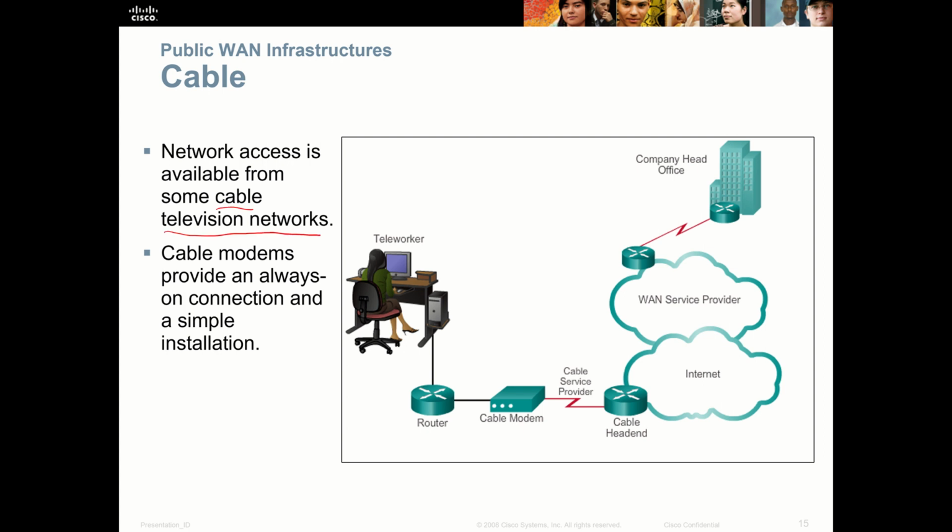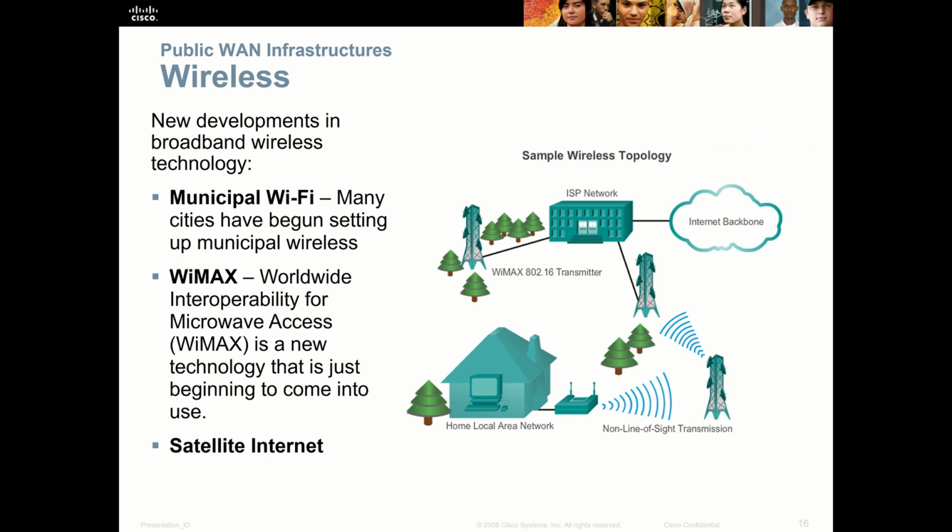In Malaysia, I think Astro previously advertised that they provide cable broadband infrastructure, but overseas, in the UK and the US, cable networks are very common, where the network access is provided by a cable television network. And then we have other public WAN infrastructure like municipal Wi-Fi, WiMAX, and also satellite internet.